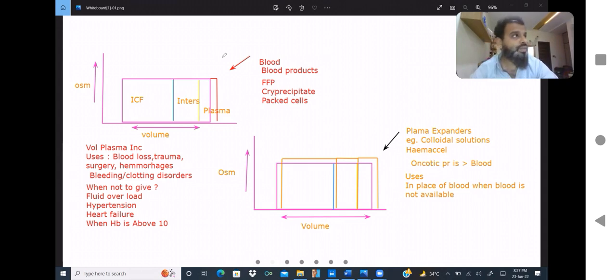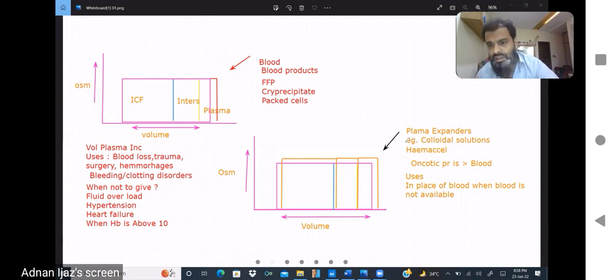Okay, which increases the volume of plasma. Now remember one thing. A plasma expander is a solution which is made up of usually colloids. Yeah, plasma proteins. A protein based solution है, and a protein based solution is known as a colloidal solution. We have written it here that plasma expanders are colloidal solutions.